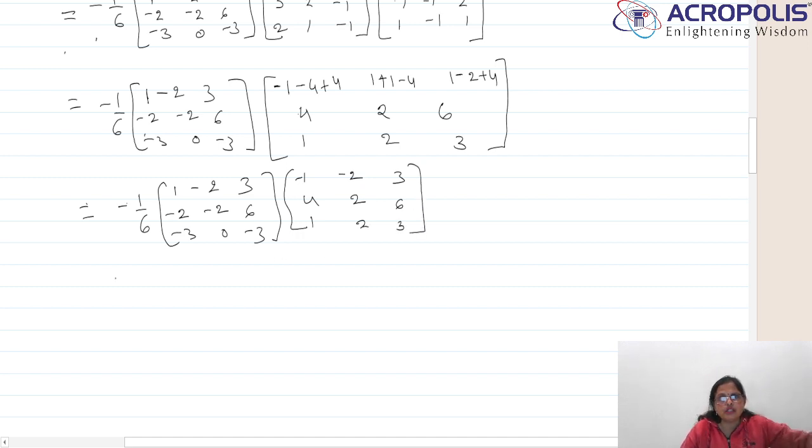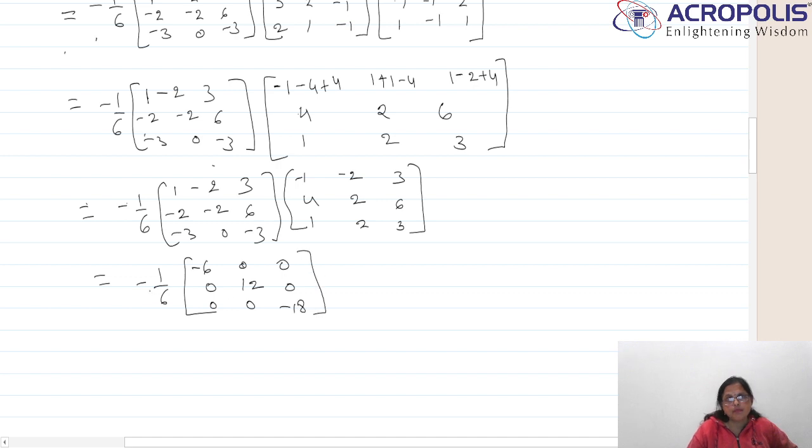Now if we solve this one, you get minus 1 by 6, this matrix multiplied by this matrix. Similarly, you multiply this matrix, we get minus 6 0 0, then 0 12 0, then 0 0 and minus 18. Minus 1 by 6 multiplied by this matrix, you get the diagonalized form.